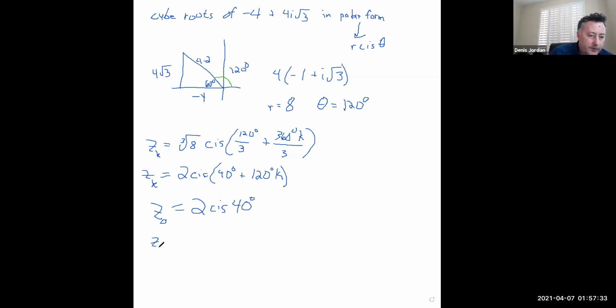And then for your next root, that's when k is 1, so you plug in 1 for k. And the next one after that, plug in 2 for k. If you wanted more, plug in 3 for k, 4 for k. It just depends on how many k's you have. The other way to think about it is whatever number's in front of the k, you're going to add that every single time to give you a new answer.